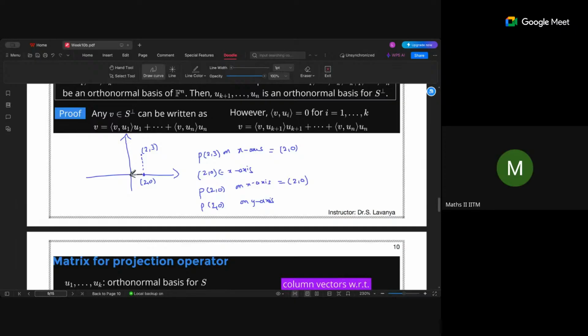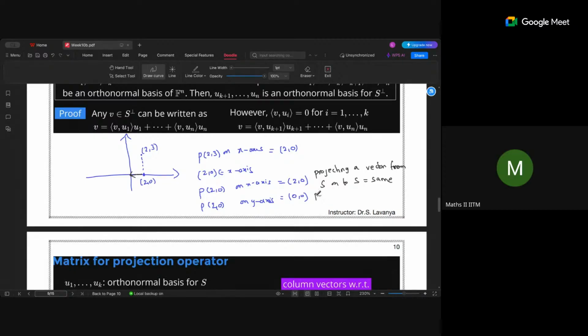Projected, it gets 0, so (0, 0). So what are the two observations you see here? The first observation is that projecting a vector from S onto S, you take any vector from S and project onto S, it will be the same.